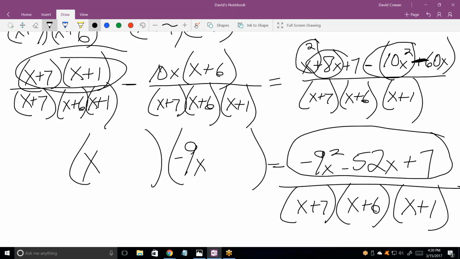Well, gosh, I got all kinds of possibilities here. I could do minus 1, minus 7. That produces the minus 7, but it doesn't even come close to producing minus 52. And I'm never getting minus 50. Maybe, what if I did 7 there and 1 there?